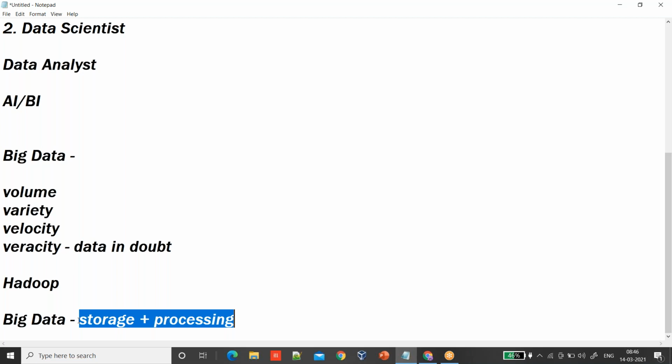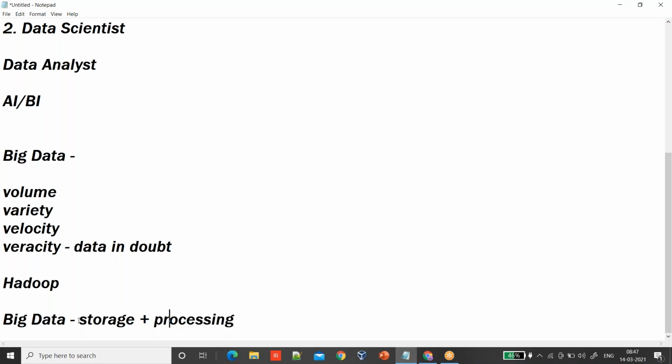There are multiple such features. Just to give you one example, it maintains a replication of 3, so every file you store, Hadoop would have 3 copies of it.